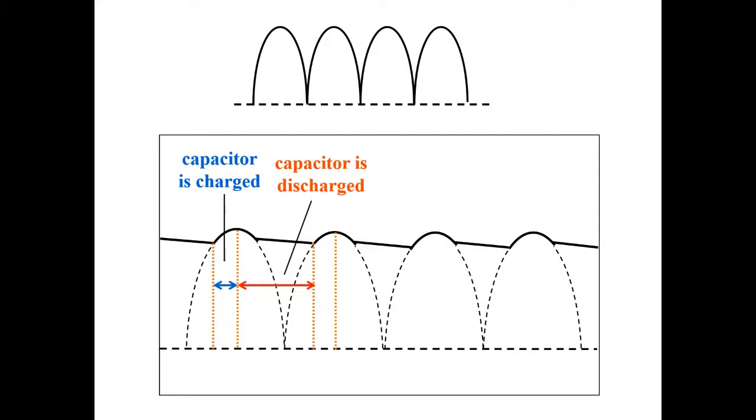And this diagram is the full wave rectification. Same as the half wave rectification, the capacitor charges at the forward peak. This is the forward peak, and this is the area where the voltage is low. As long as the voltage is low, the capacitor will start to supply the energy.